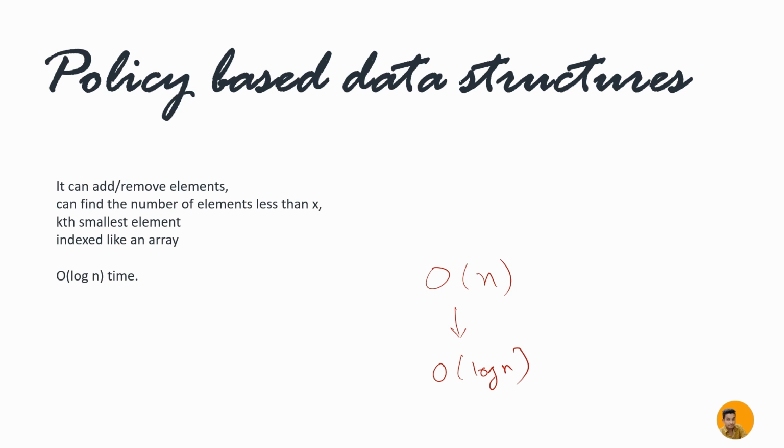So let's look at how we are going to implement it. Policy based data structure: ordered set is one type of policy based data structure. You can define it for multimaps, but we are defining it here for an ordered set. And let's see. We know a set is a data structure that keeps unique elements in sorted order.